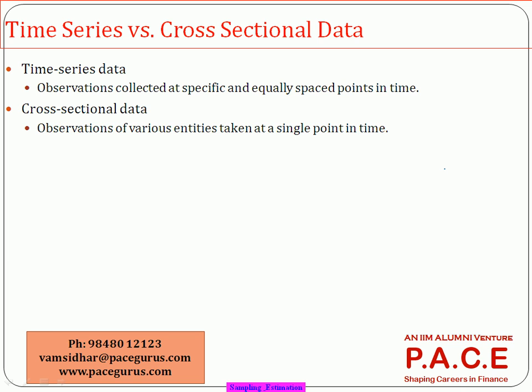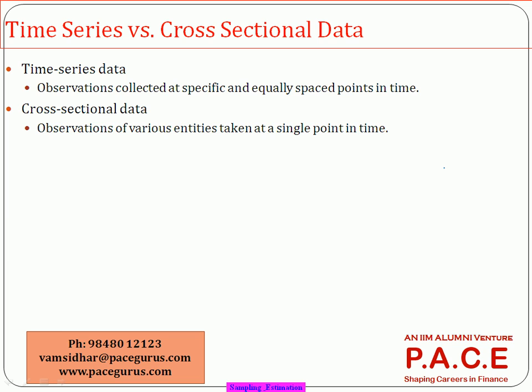And for a particular point in time, I gather the data of various entities. For example, today's stock prices of 50 companies. So it's not the stock price of one company for the last 50 days; that is called time series data. On one single day, the stock prices of 50 companies, that's cross-sectional data.